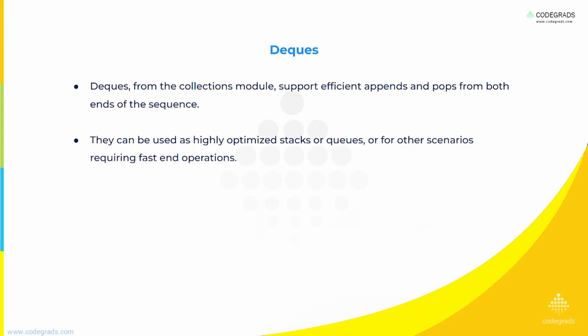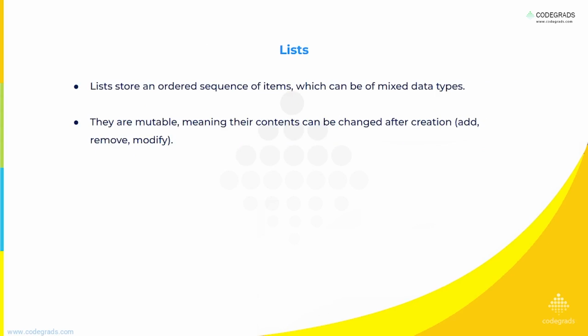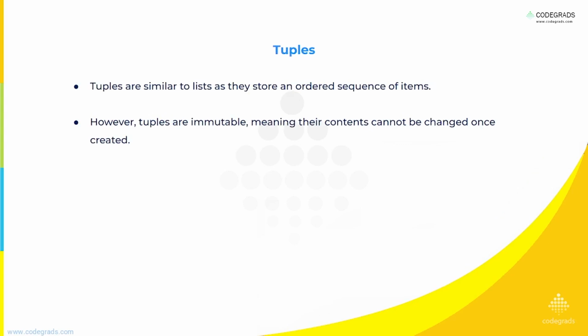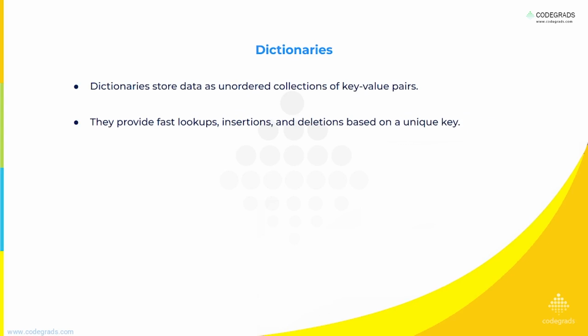Now we'll summarize it. First of all, we'll see the list. In the case of the list, they are ordered and changeable, so we can add, update or delete, and they can store items in a sequence. Next is tuple. It is ordered, yes, but it is not changeable, so we cannot add, update or delete. The use case is when we have fixed data, so at that point of time we can use the tuple.